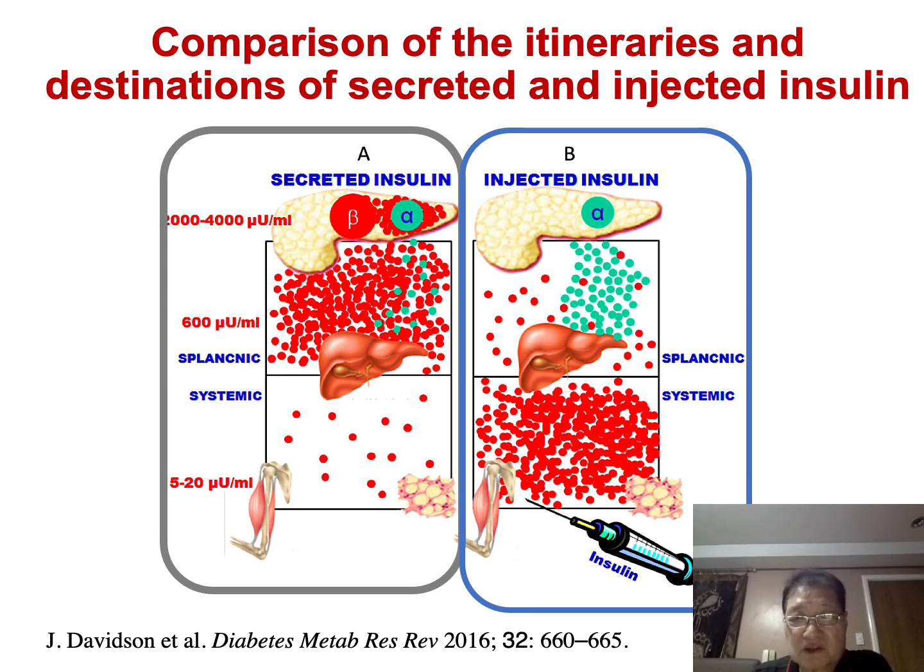When a large dose of insulin intended to correct the postprandial hyperglycemia finally distributes throughout the body, it will cause hypoglycemia. Thus, the roller coaster glycemic pattern may be the result of inability of injected insulin to reach its targets as rapidly as secreted insulin.